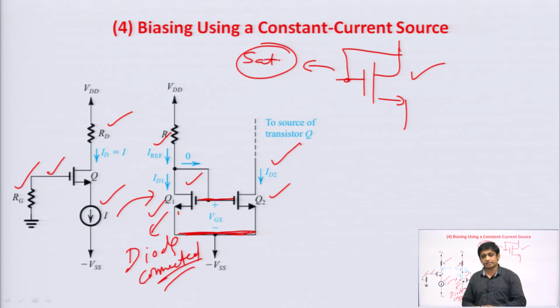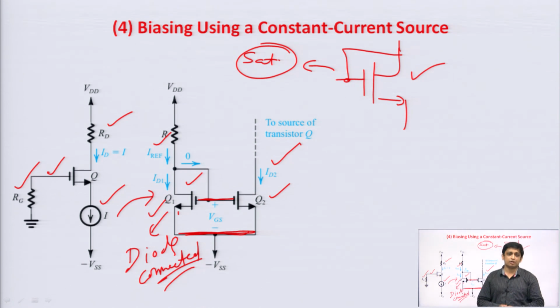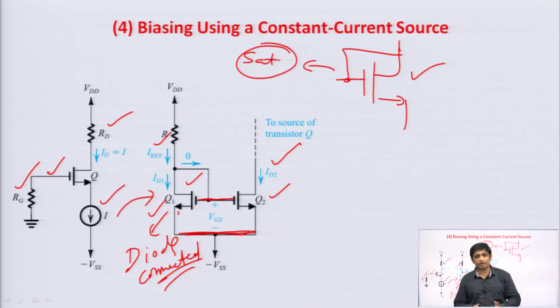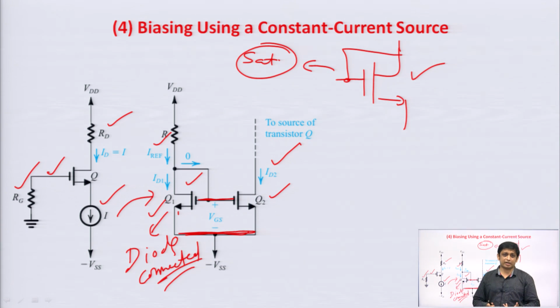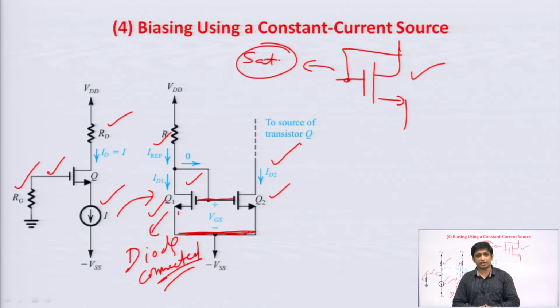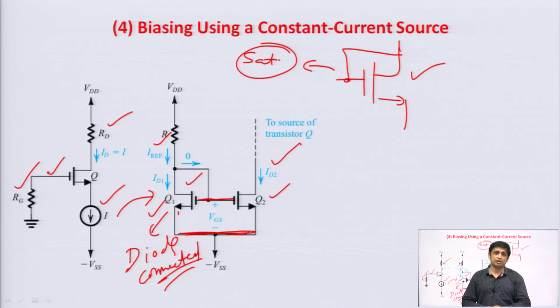So, in this class I have just reviewed the MOSFET, what is MOSFET, what are the different regions of operation of MOSFET, what are the conditions and different characteristics of MOSFET, drain current versus drain to source voltage graph, drain current versus gate to source voltage graph, then what is channel length modulation, and after that what is biasing, what is the need of biasing, and what are the different techniques available in the MOSFET to do the DC biasing.